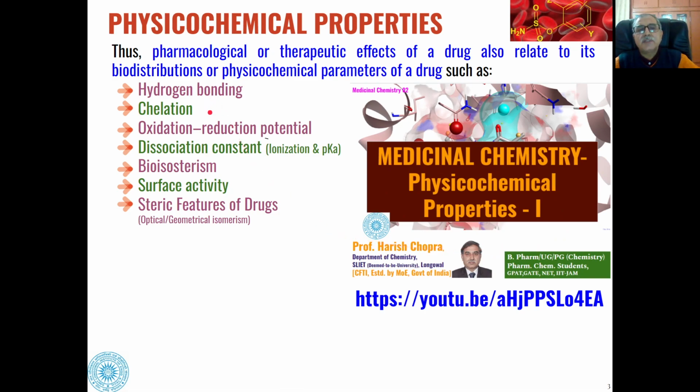In the first lecture I have explained hydrogen bonding and chelation. Now in this second lecture on physicochemical properties, we will be discussing bioisosterism and surface activity through surface tension and other properties of the medicinal compounds.